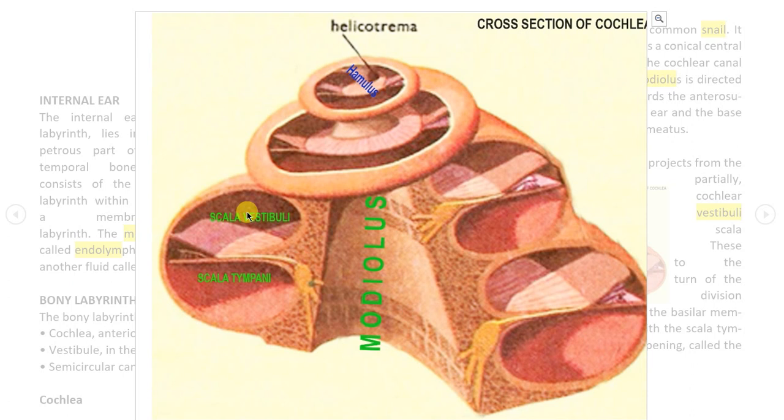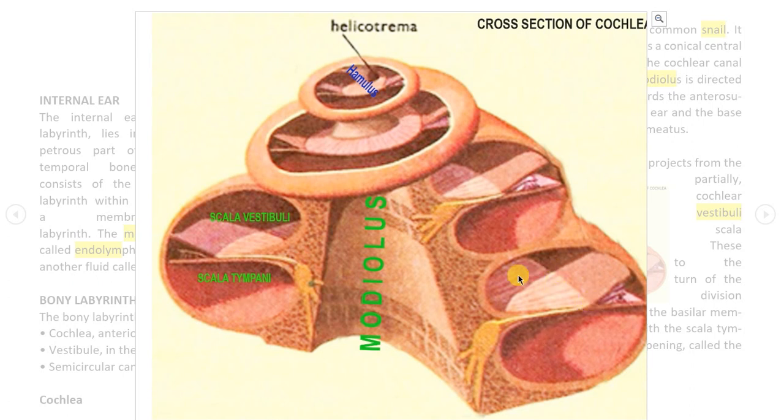And the point or the space at which our turn is made around the hamulus is called the helicotrema. So the hamulus is a bony point and the helicotrema is the name of the space from which our scala vestibuli becomes continuous with scala tympani.